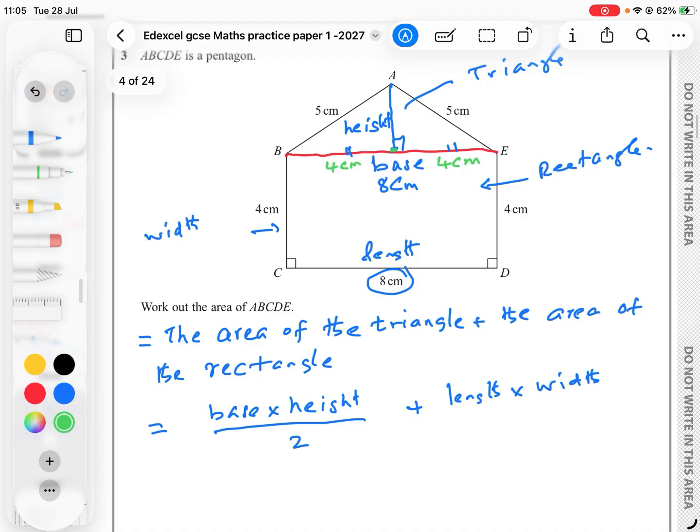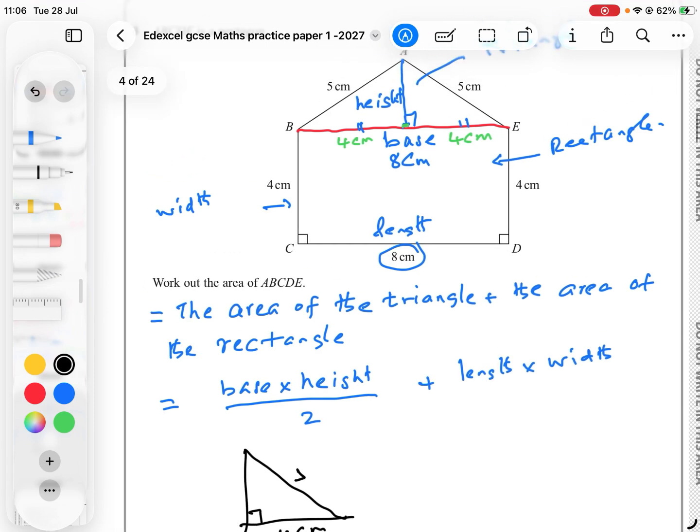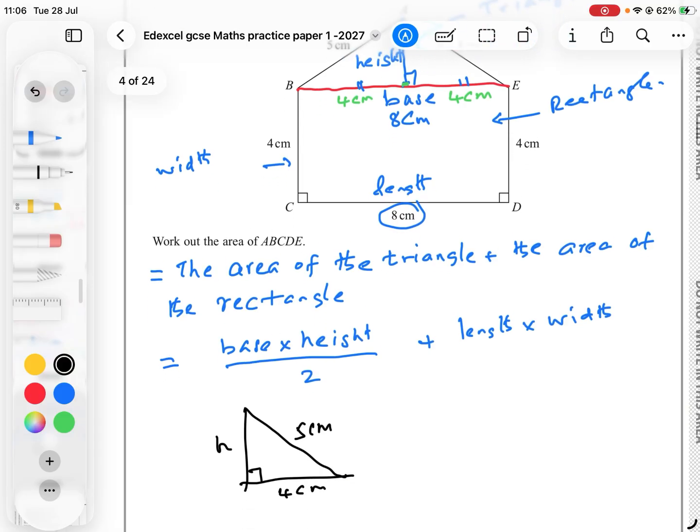So when you look at here, if I draw the right angle triangle, this one is 4 centimetres, this one 5 centimetres. To work out height h, this is according to Pythagoras theorem.